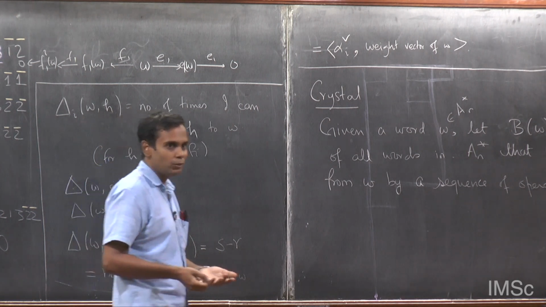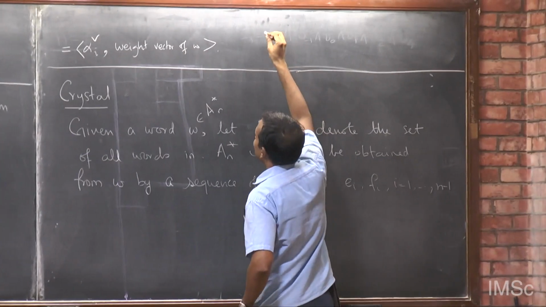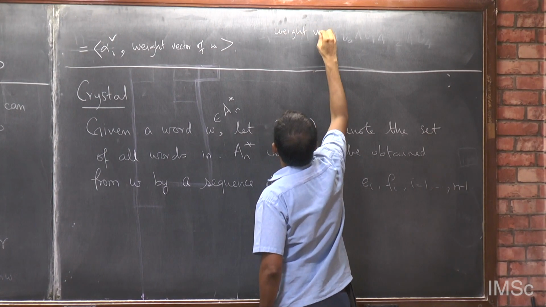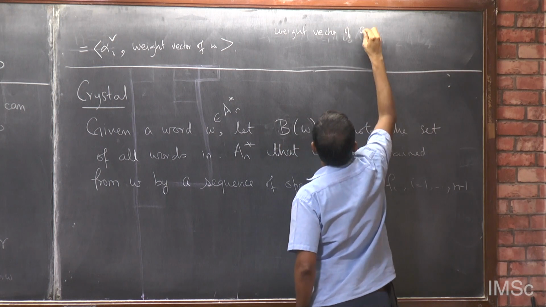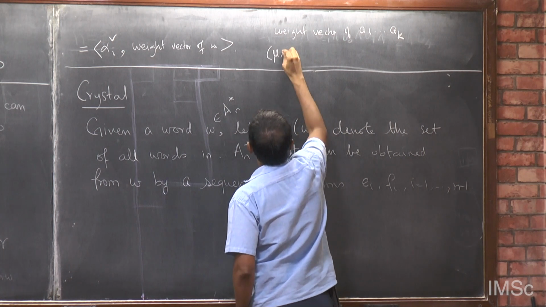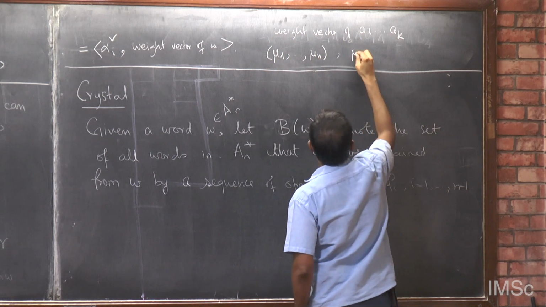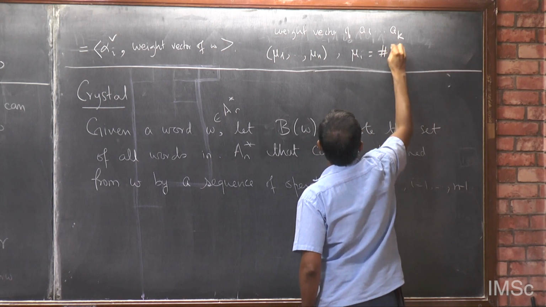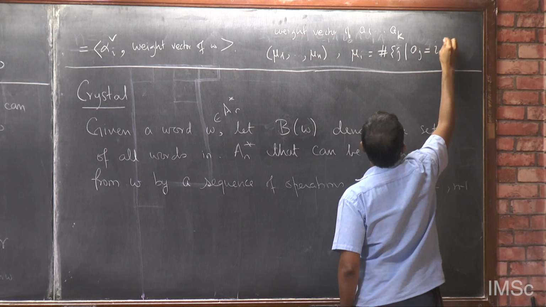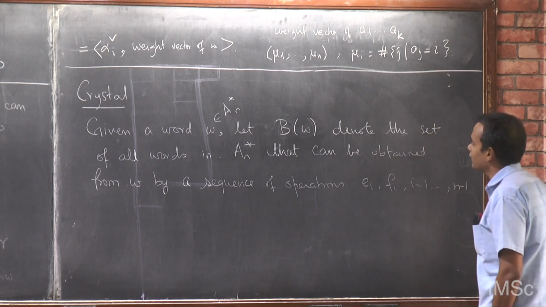By weight vector of W, maybe I should define it. I thought that it is perhaps implicitly clear, but let us just be careful. So weight vector of W is the vector mu 1 to mu n, where mu I is equal to the number of j such that a j is equal to I. Okay, how many times each letter occurs in a word?